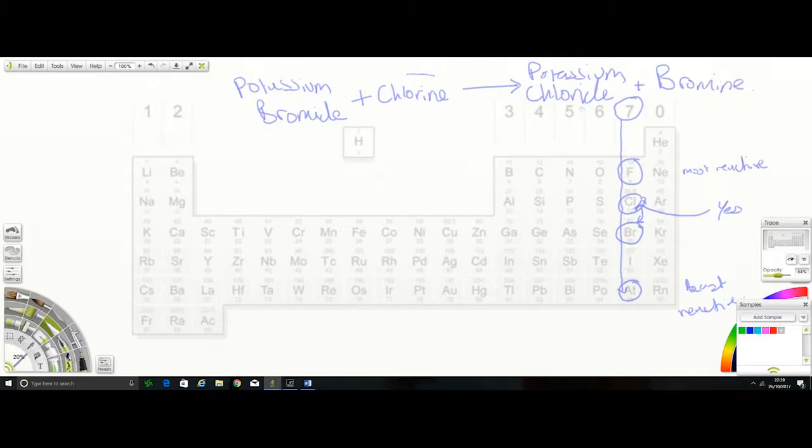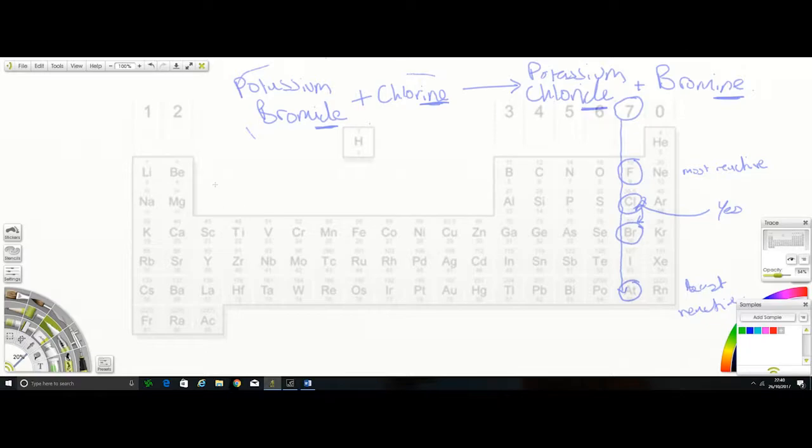Can you see this becomes the IDE because it's now a halide, and the bromine becomes a halogen once again because it's on its own, and so it ends in INE. Whereas here this is the IDE because it's with potassium, and this is the INE because the chlorine, the group 7 halogen, is on its own.